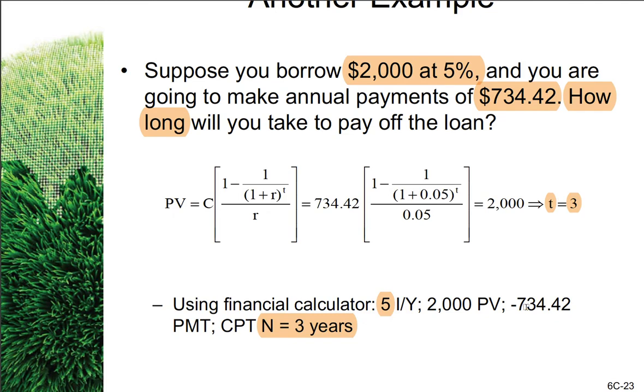Sir, why do we press negative 734.2 in the calculator? Because this is what we pay to the bank, cash outflow. And then you compute n, so you will get 3 years.